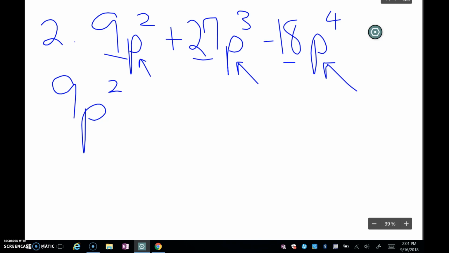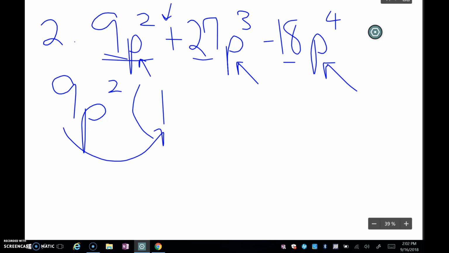All of them have 9p squared in them, so I factor that out. That's my GCF. Now, I need to put in parentheses what I have left. So I factored out a 9p squared. My first term is exactly that, so I factored everything out. So I put a 1 down, so that I can get that 9p squared when I multiply everything out.